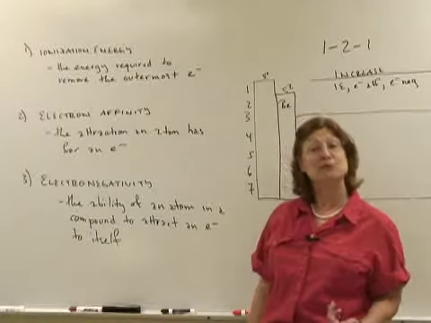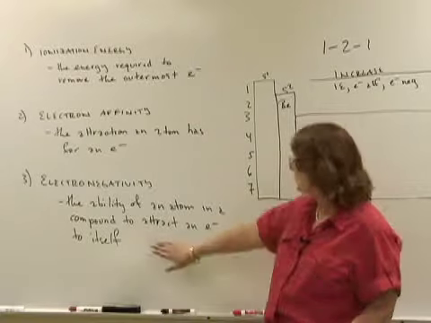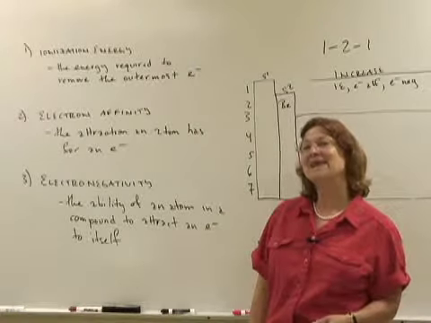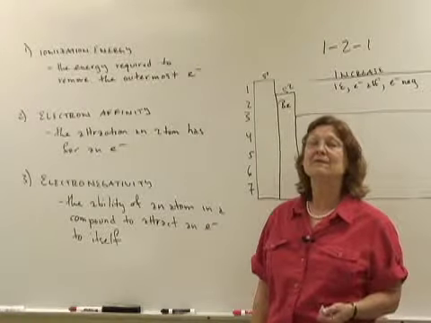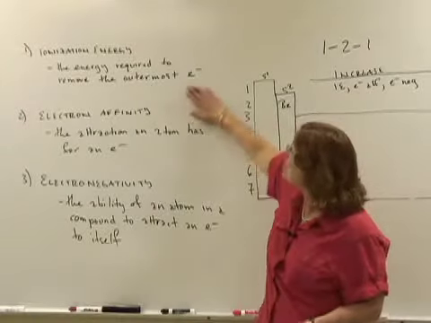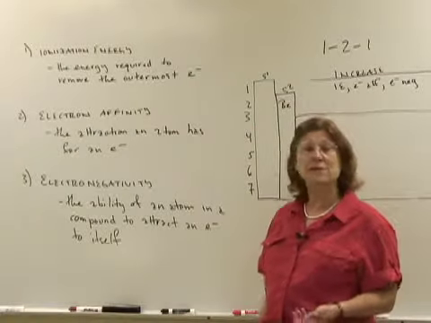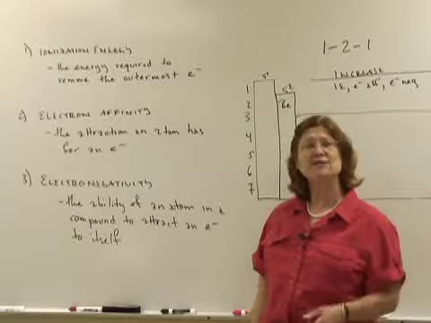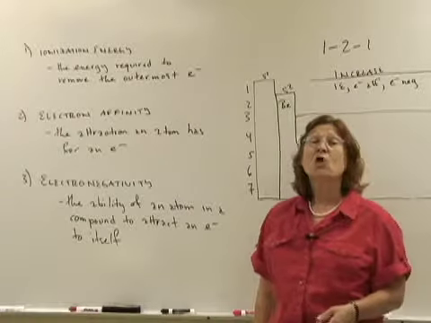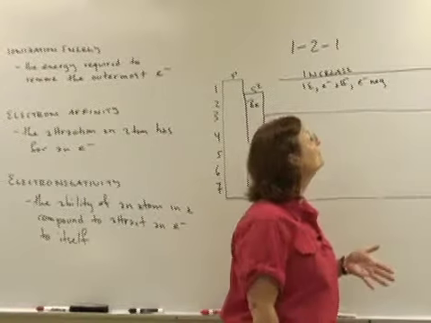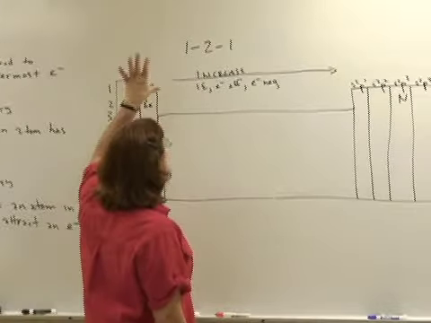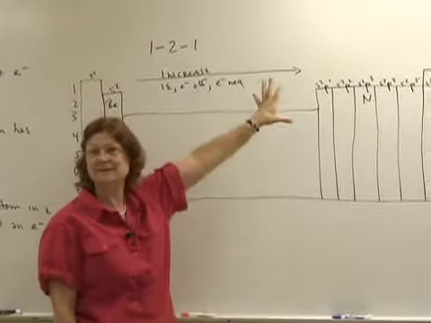They are actually measured values. And electronegativity is a man-made scale by Linus Pauling. And because these are measured values, we found that there's a couple of exceptions in there, and we need to determine why that is. Well, in general, all 3 of those increase as you move from left to right.